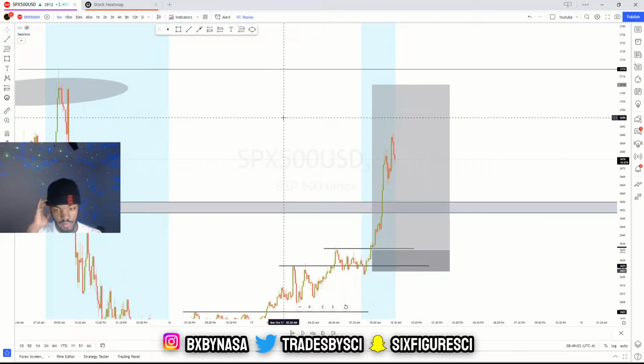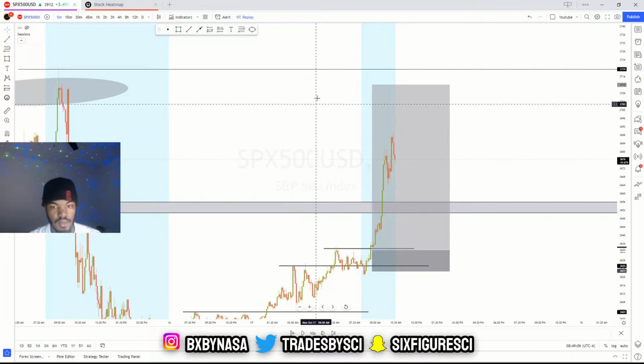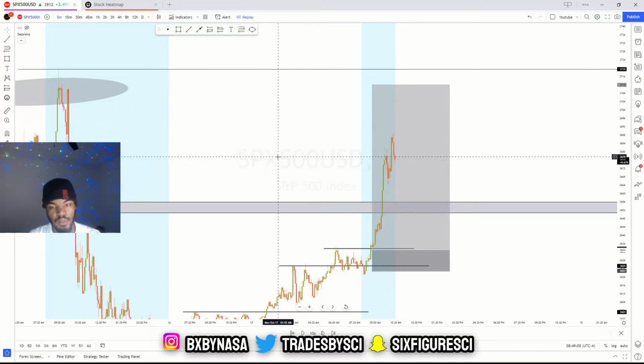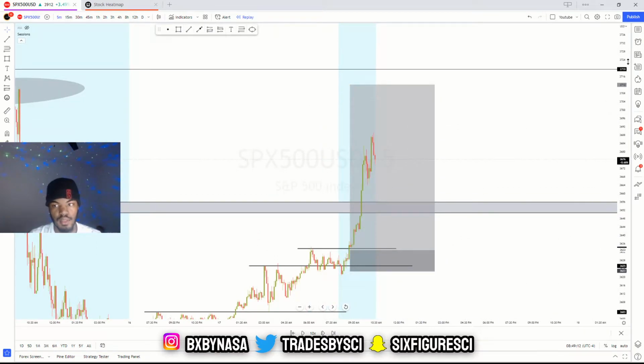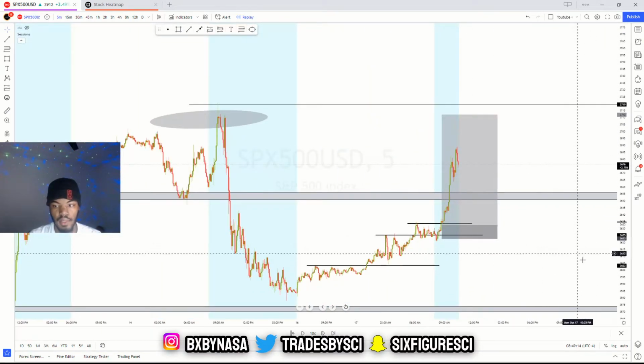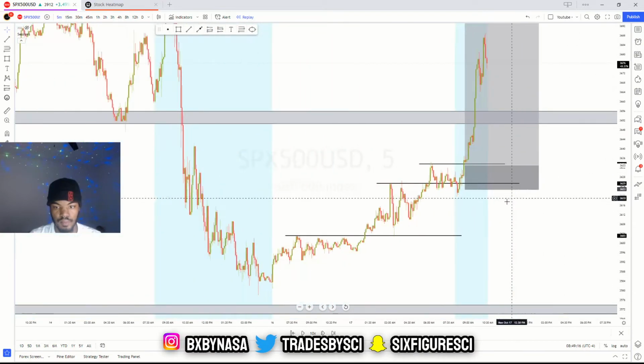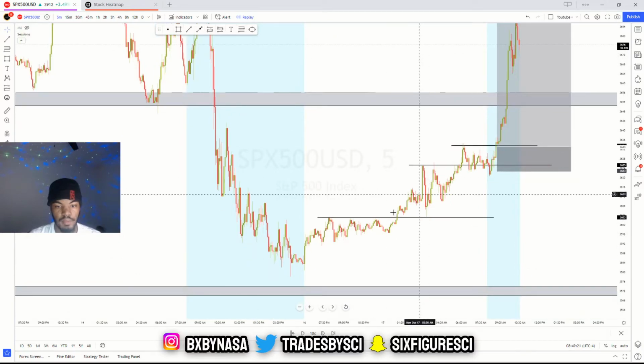Now the thing is, when it comes to setting TPs, if you are trading with the trend, you can hold your trade, because if price is not showing you indications that it's selling, then... We have one indication that price is going to continue higher.